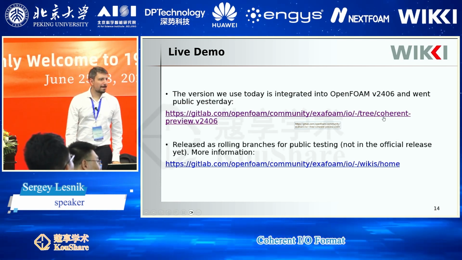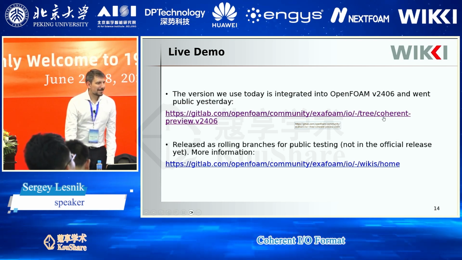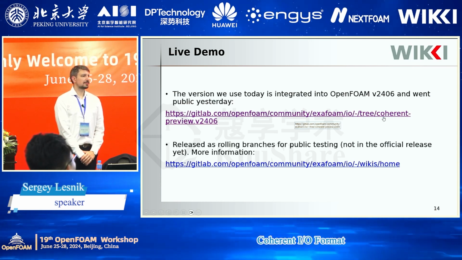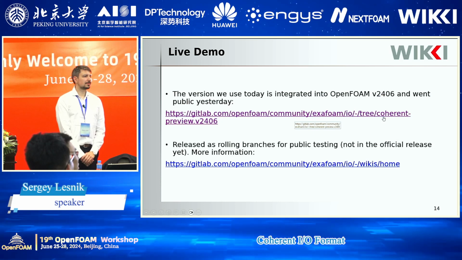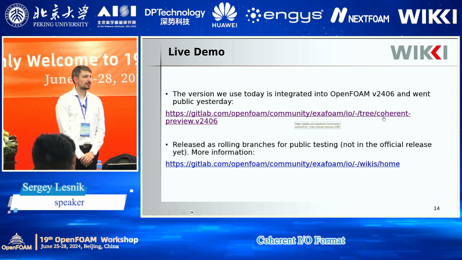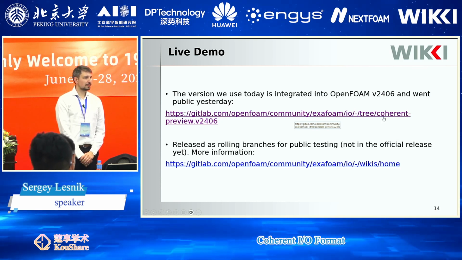I'm still confused about this coherent IO. My understanding is that when you compose the domain, for each subdomain the indexes are just consecutively indexed.